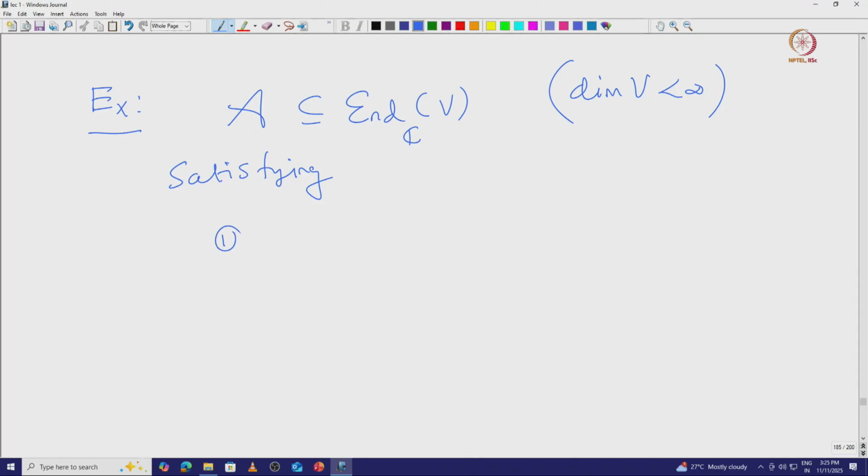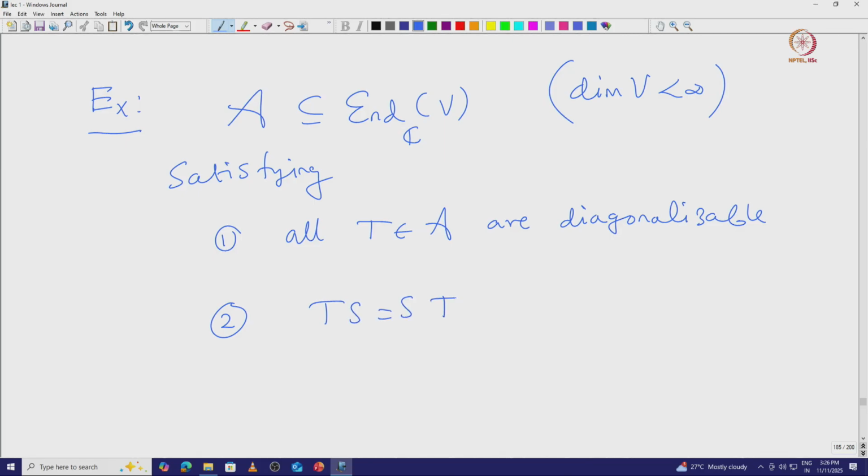First condition is that all elements of A are diagonalizable. So, all T in A are diagonalizable. And the second condition is that they all mutually commute. So, TS is the same as ST for all S, T in A.